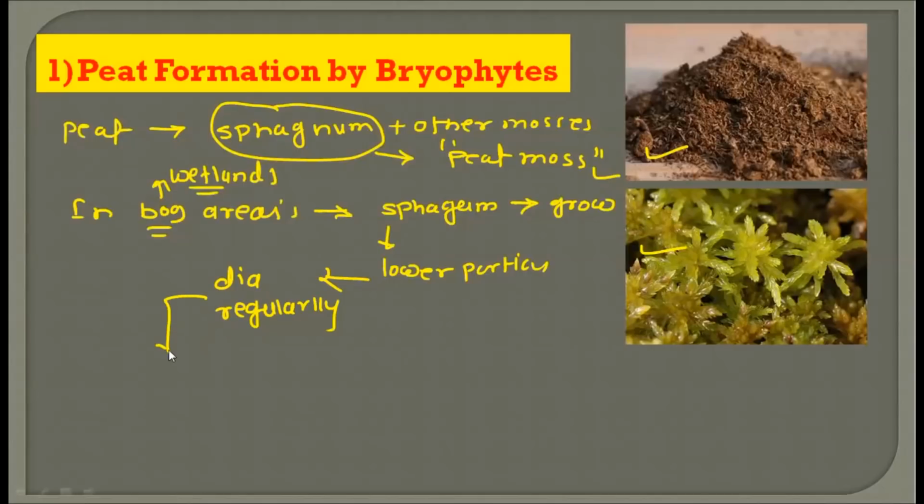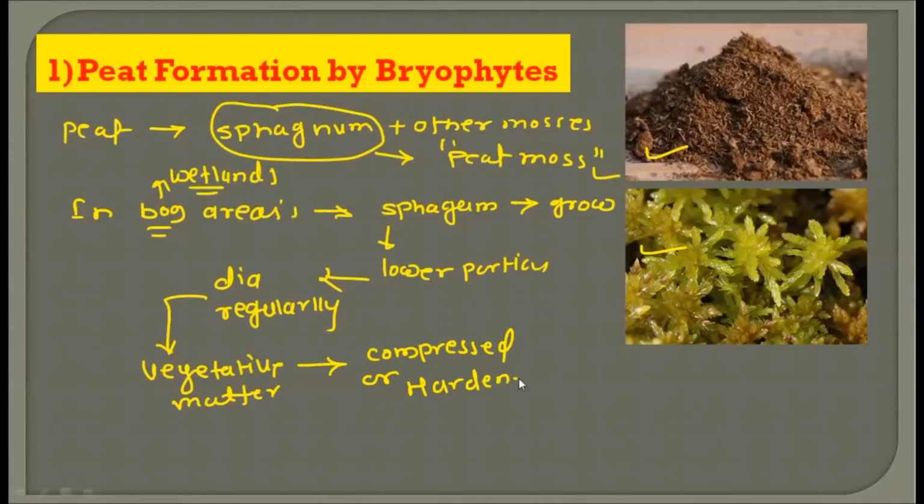Due to this, the vegetative matter on the ground accumulates over time, and with each passing year, this vegetative matter gets compressed, or say hardened, by the fresh matter that has been produced by the sphagnum. Now, this compressed and hardened matter gets converted into thick organic matter.